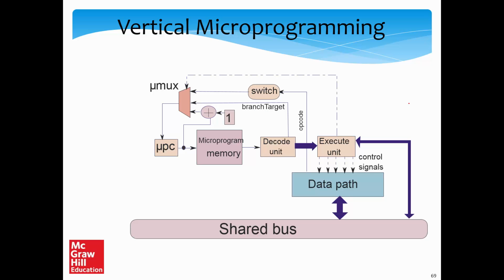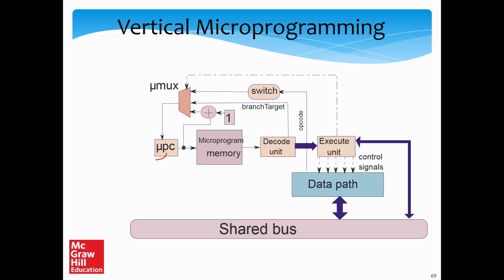Alright, so here is a quick description of the microcode execution engine of a vertically microprogrammed processor. This is very simple, so we are not discussing this in great detail.